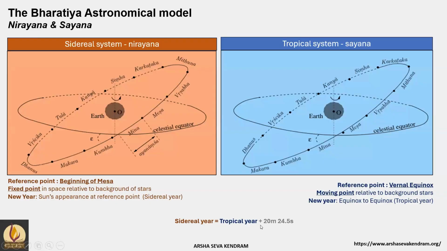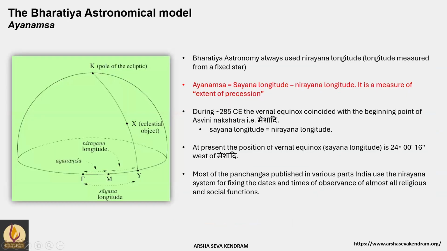So the sidereal year is always greater than the tropical year by these 20 minutes and 24.5 seconds, right? Now, obviously, this difference is because we are using two different Ayana systems, Nirayana and Sayana, right? And the difference between these two systems is called the Ayanamsa, right?